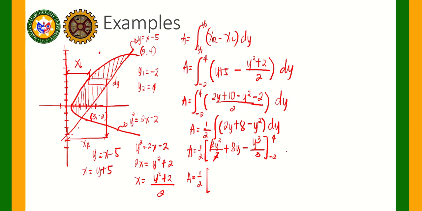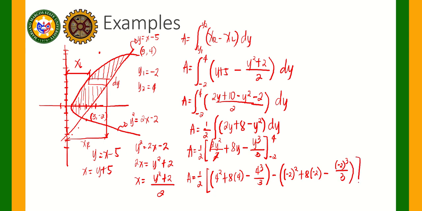And then, we apply si upper limits and lower limits. So, y squared natin, upper limit muna tayo. We have 4 squared plus 8 times 4 minus 4 cube all over 3. Minus si lower limit natin, that is negative 2 squared plus 8 times negative 2 minus negative 2 cube all over 3. So, tuloy natin dito. This is equal to 1/2.